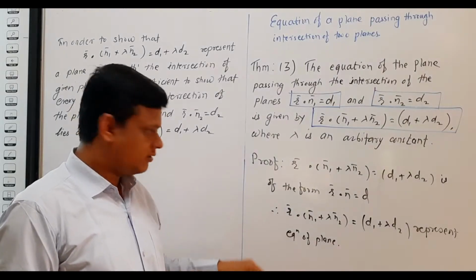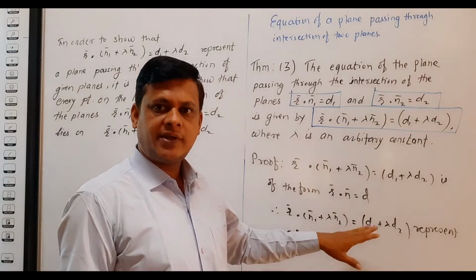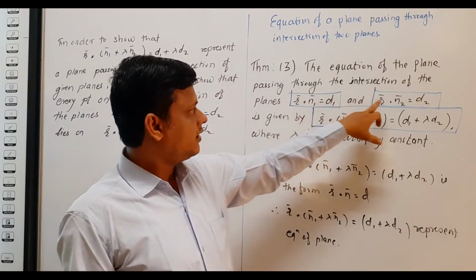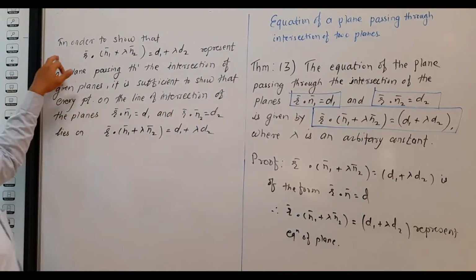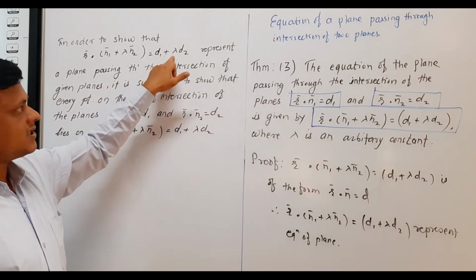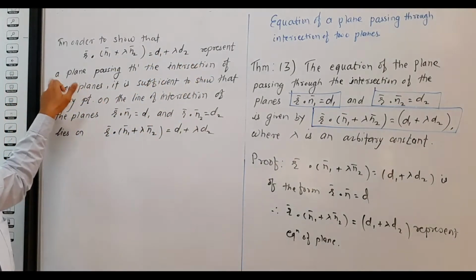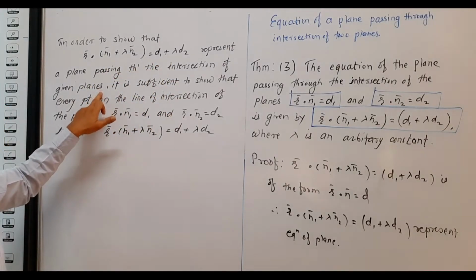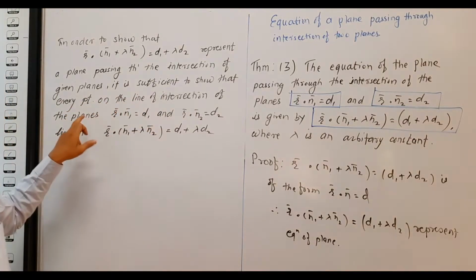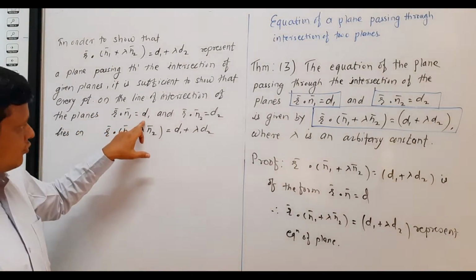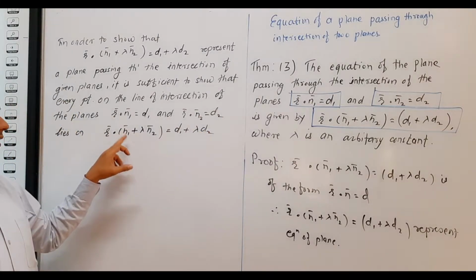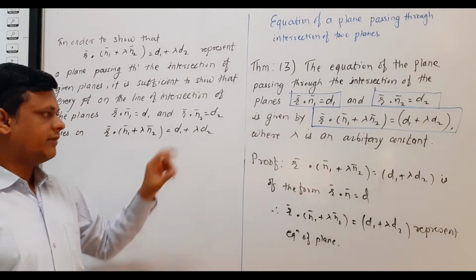Now in order to show that this equation represents the equation of a plane passing through the intersection of these two planes, so we write here, in order to show that r bar dot n1 bar plus lambda into n2 bar is equals to d1 plus lambda into d2 represents a plane passing through the intersection of given planes, it is sufficient to show that every point on the line of intersection of the planes r bar dot n1 bar equals to d1 and r bar dot n2 bar equals to d2 lies on r bar dot n1 bar plus lambda into n2 bar is equals to d1 plus lambda into d2.